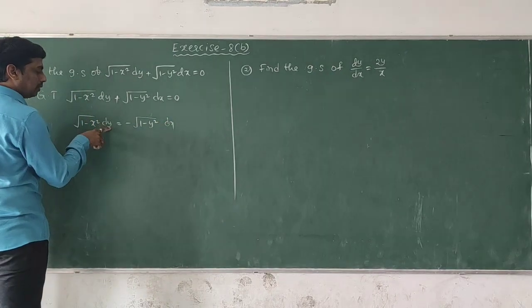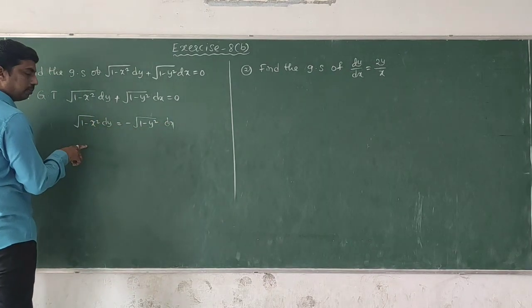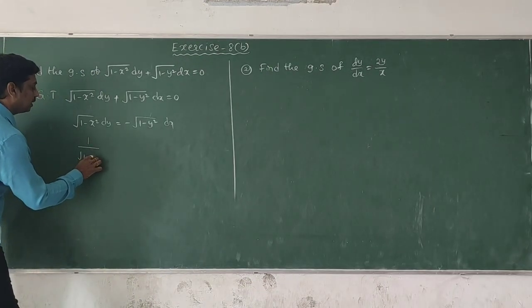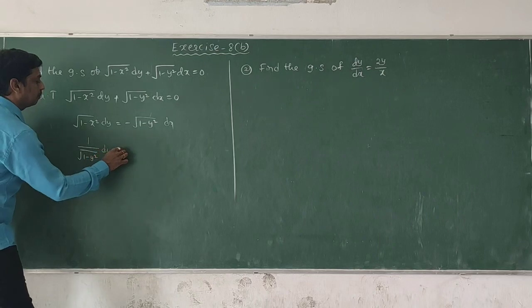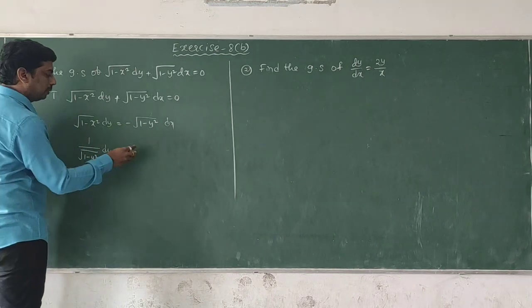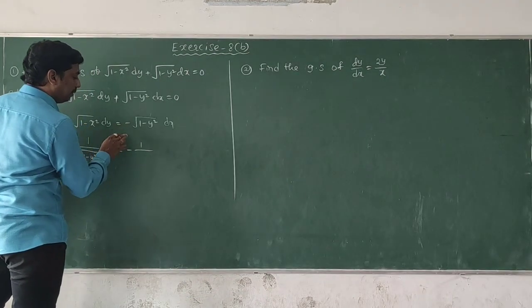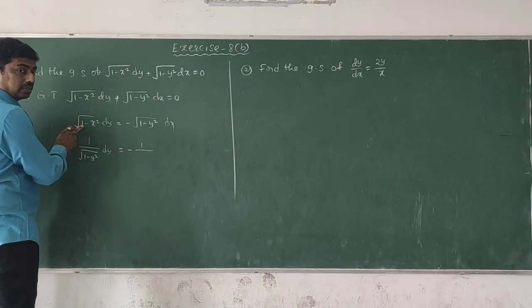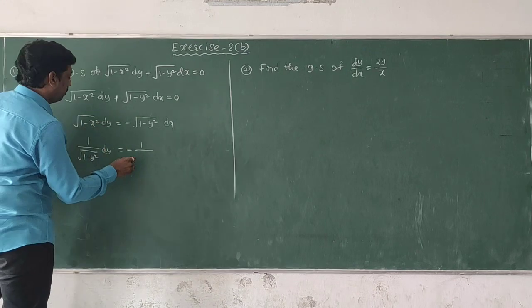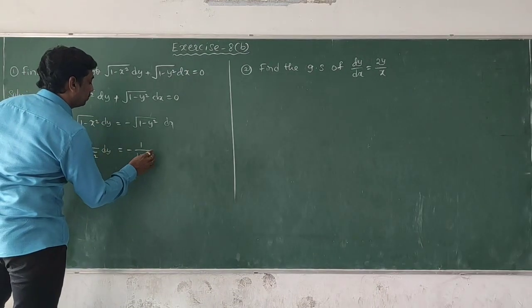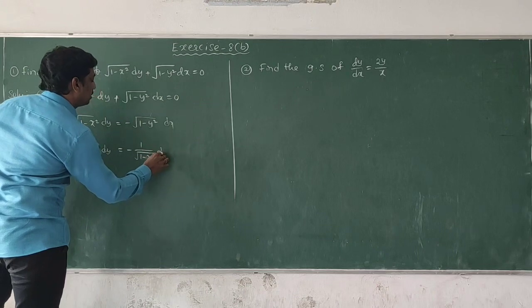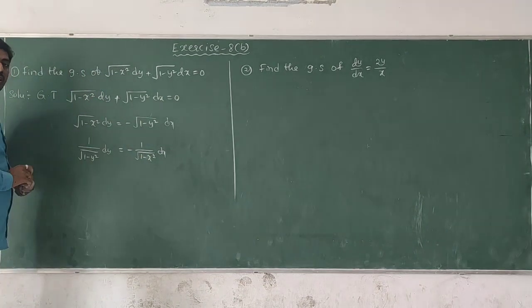Here with respect to y, the product term is taken to the opposite side, giving 1 by square root of 1 minus y square into dy. Here the product term is taken to the opposite side, with minus, as we already have the negative in the RHS, so minus 1 by square root of 1 minus x square into dx. Now, are the variables separated or not?